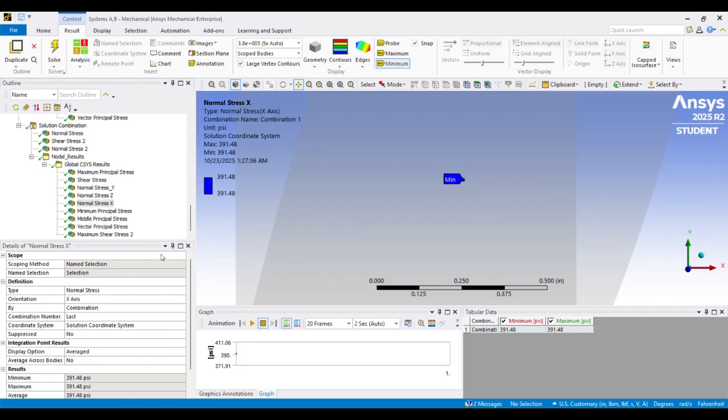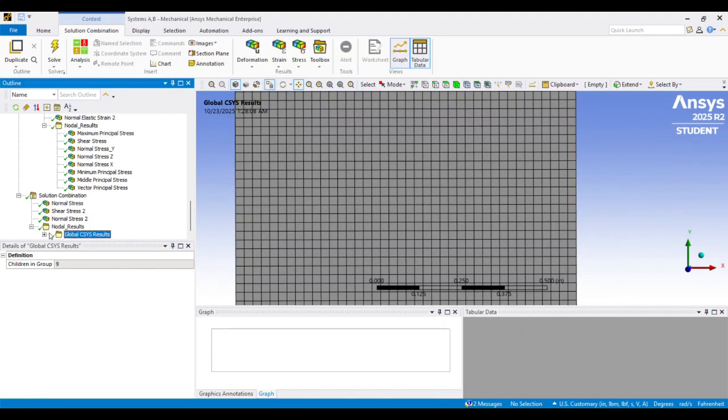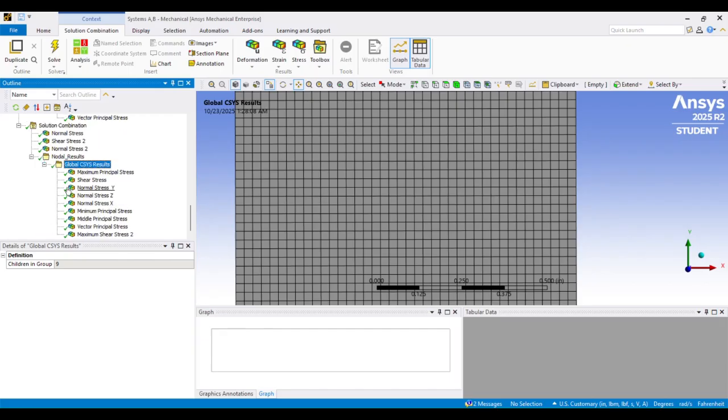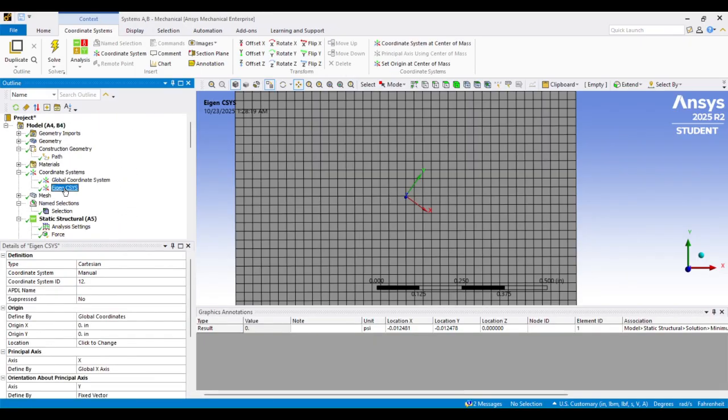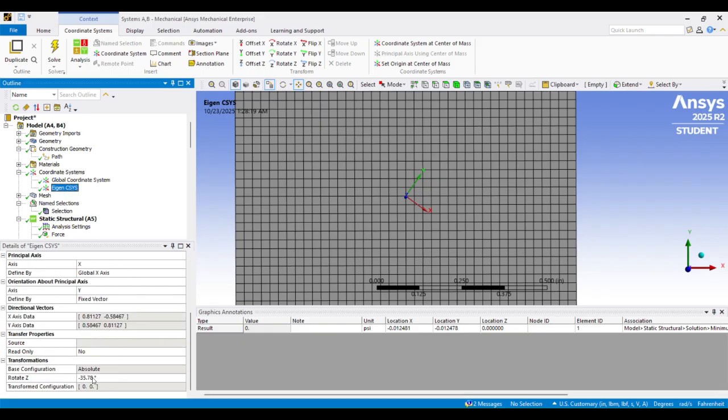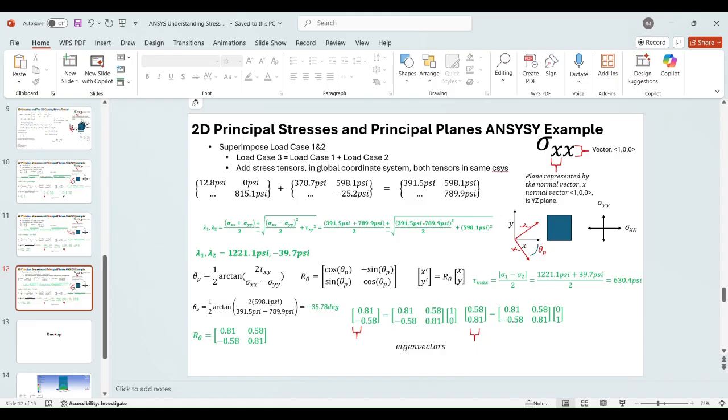And I guess to really drive the point home, what I've done is I've gone in and created a coordinate system that is rotated based on the angle that we calculated. So we calculated a rotation angle of minus 35.78.